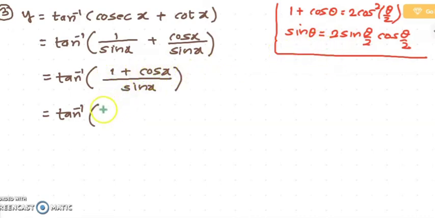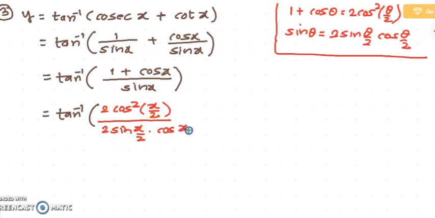1 plus cos x using this formula will be 2 cos square x by 2, divided by sin x, which by the half angle formula is 2 sin x by 2 into cos x by 2.